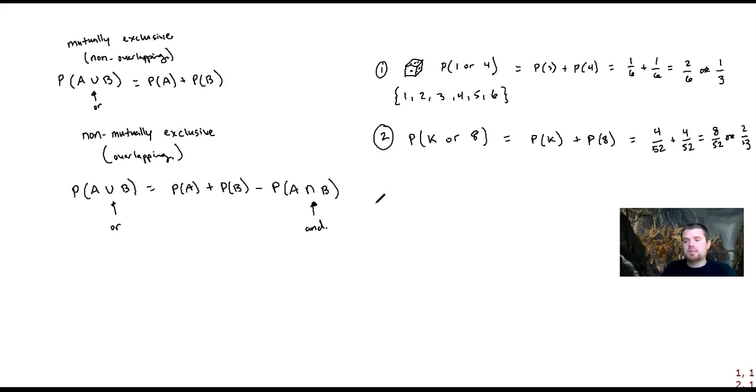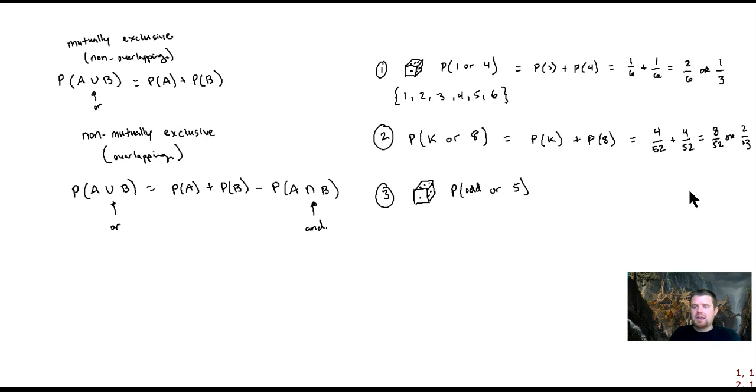Non-mutually exclusive events means that there is potentially an overlap. So let's say we take a die and I ask you for the probability of rolling either an odd number or a 5, for instance. Now here there is overlap because 5 is an odd number.